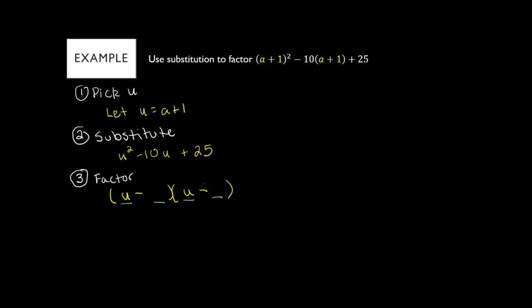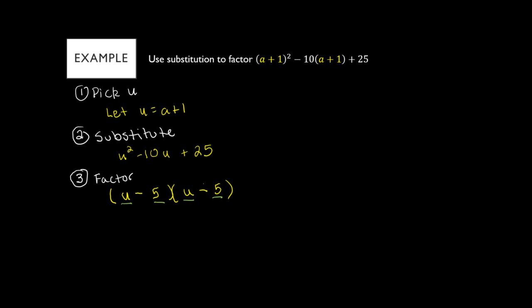So I'm going to put a minus here. That helps me determine what my signs are. So I know that I'm going to have 2 negative numbers. My choices are 1 times 25, which adds to 26, not 10, or 5 times 5, which adds to 10. So that is our answer here.